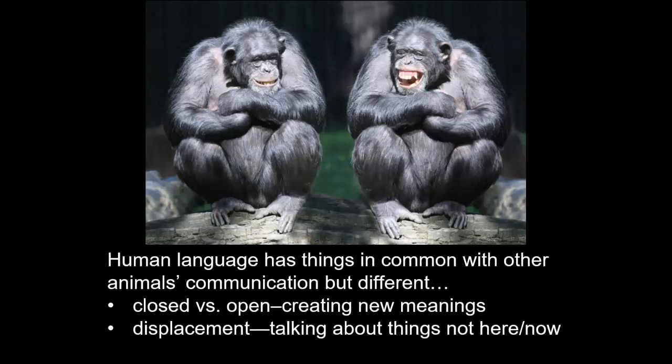We can string together words in novel ways to express things that haven't been expressed before in precisely that way, right? So there's a level of possibility for creativity, for pushing into new areas of communication that exists with human language that does not exist in the same way with non-human language.